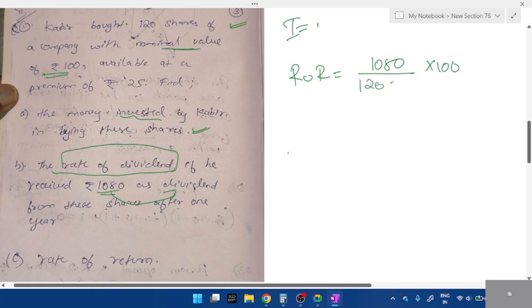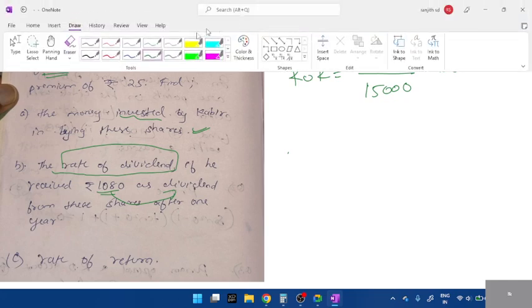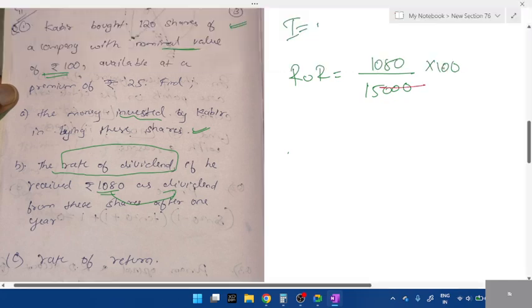Number of shares is 120 into what is market value? 125. How much is it? 7 point.